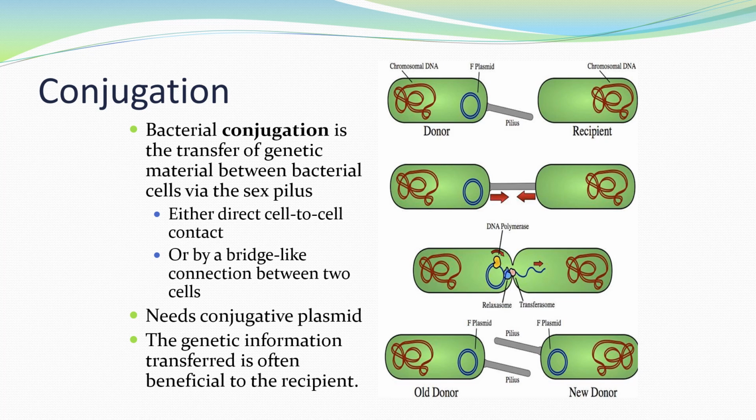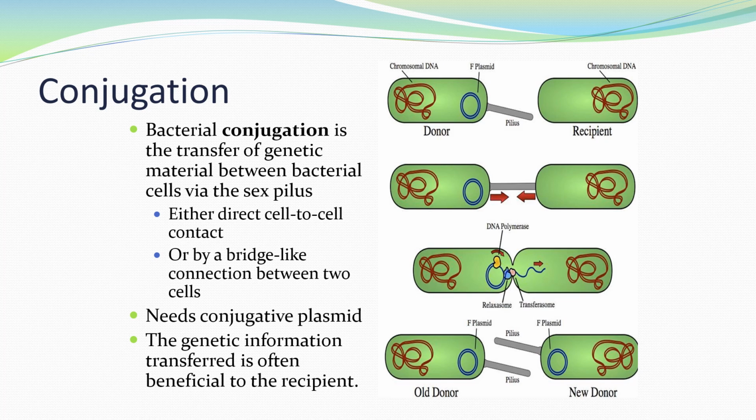Basically, it makes a bridge so that plasmids can move from the cell with the sex pilus to the recipient cell. In that connection and that transfer, the donor cell is transferring that genetic information, as well as the ability to have a sex pilus, to that new cell.